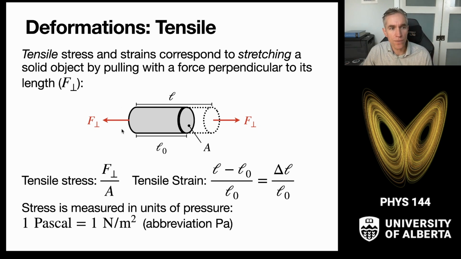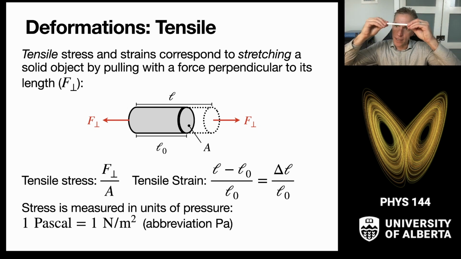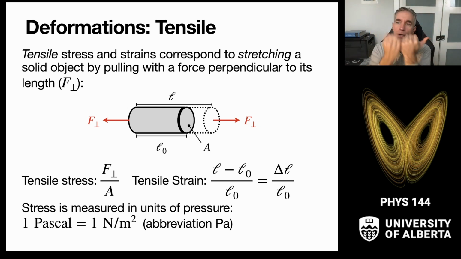Much like a tension force, with tensile forces we think about forces applying to each end of the object and pulling it outward from the middle. And we describe a tensile stress as this force perpendicular to the area at the end of the object, divided by the surface area.